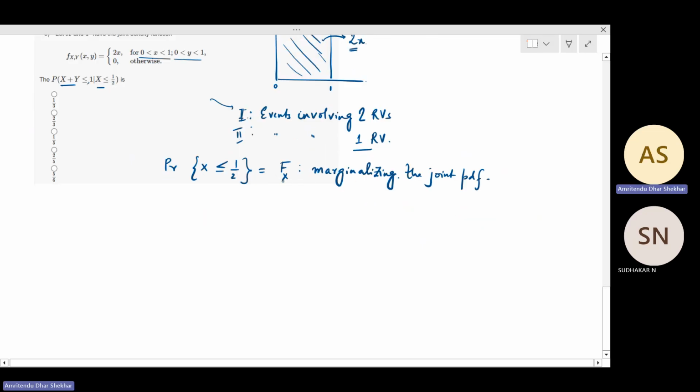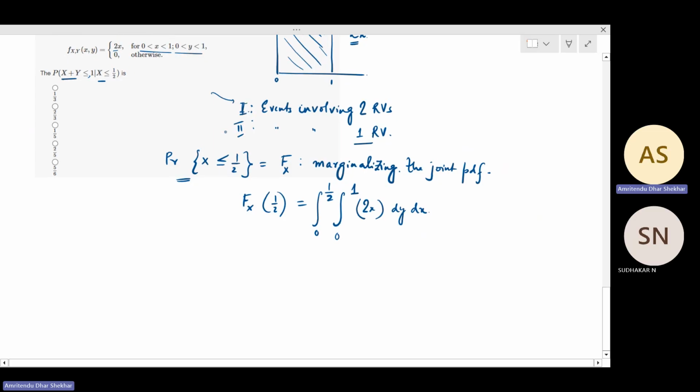So F of X at half is obtained by integrating x from 0 to half, and then y, you're essentially marginalizing over y. So y can vary from 0 to 1 in this case. And then you have the function over here, twice x, times dy dx. So that gives you this probability.